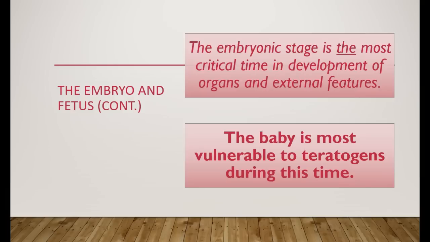So the embryonic stage, which is up through that first 8 weeks or so, is the most crucial time for development of the organs and external features. This is when the baby is most vulnerable to teratogens. So anything that occurs in this first 8 weeks can have significant impact on whether we actually develop the systems that we're supposed to have.